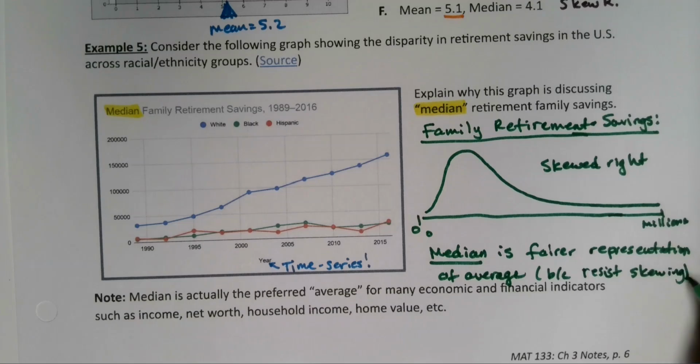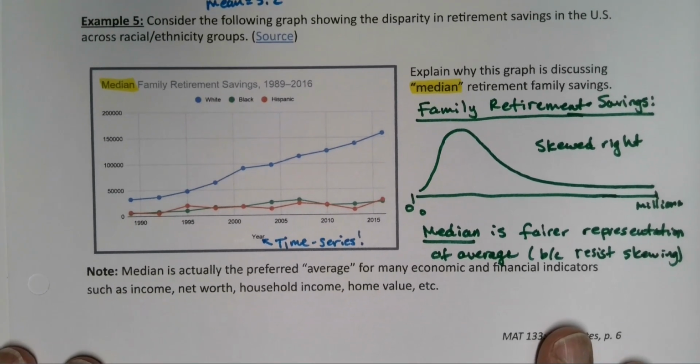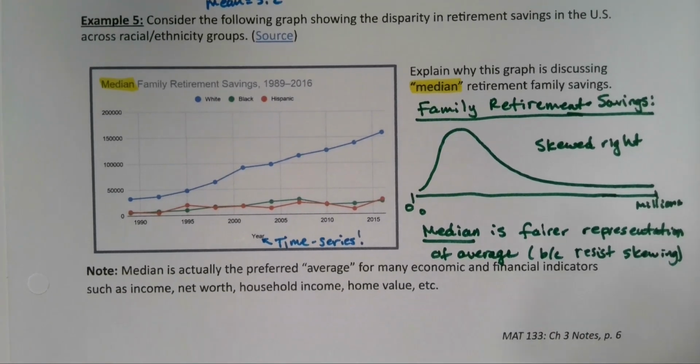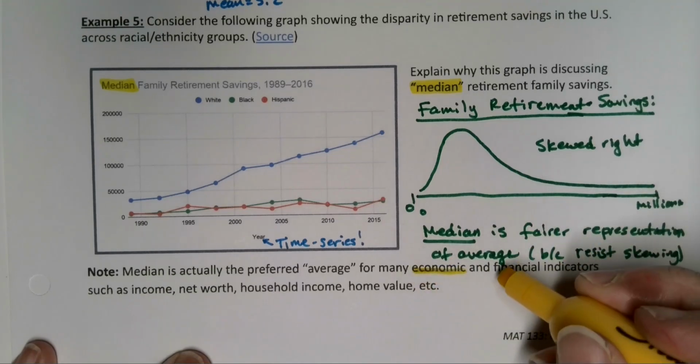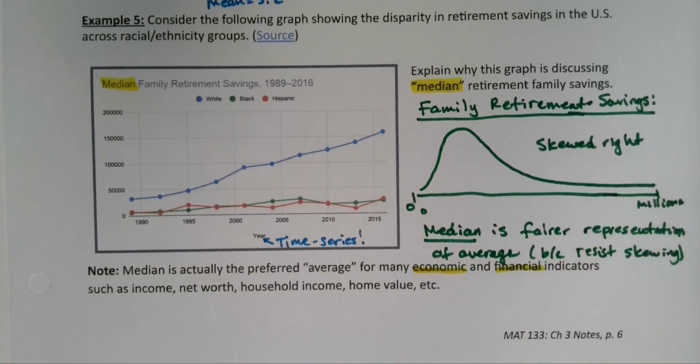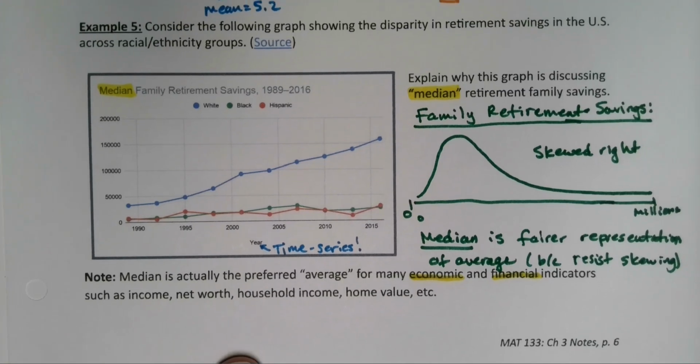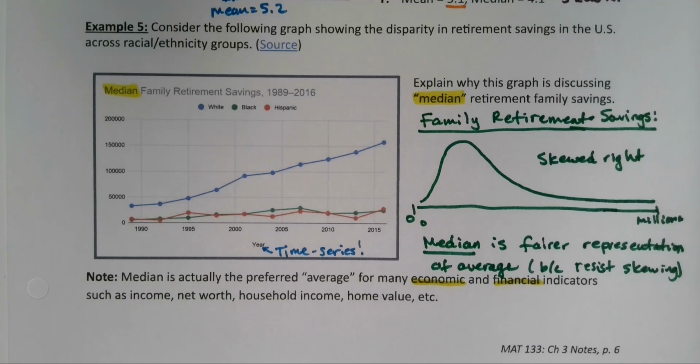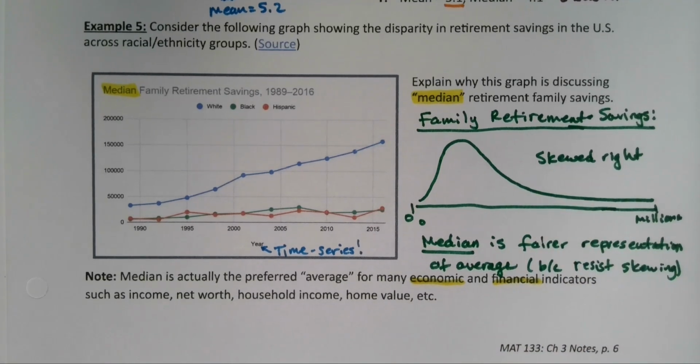Right? As a matter of fact, if you look in economic and financial indicators, it is extremely common for them to use the median, not the mean. The median is used a lot of times in economics and finance. And that's because a lot of things have skewed right distributions, and so we don't really use the mean. We use the median instead.